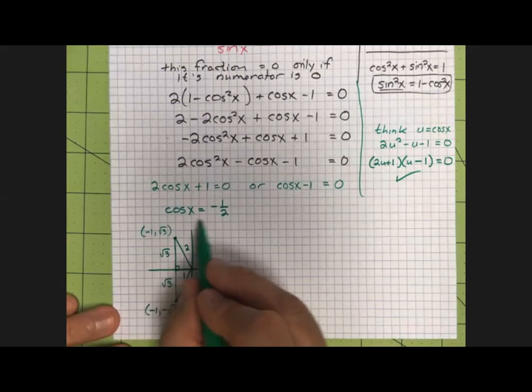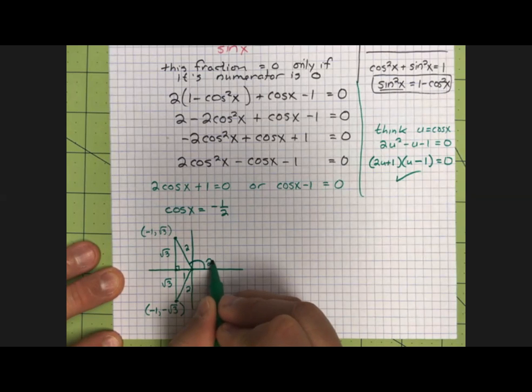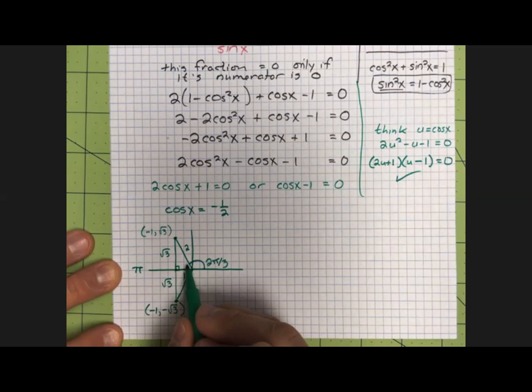So here are two angles that have a cosine of negative 1/2. And they are 2 pi over 3, 2/3 of the way to pi, and 4 pi over 3. This angle right here is 4 pi over 3. It's pi over 3 past pi.